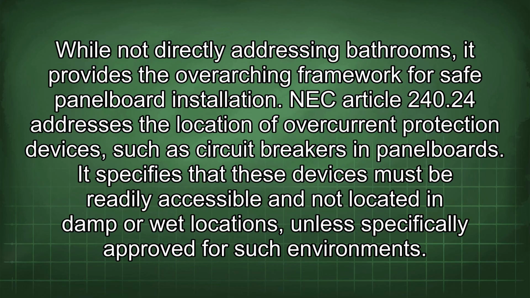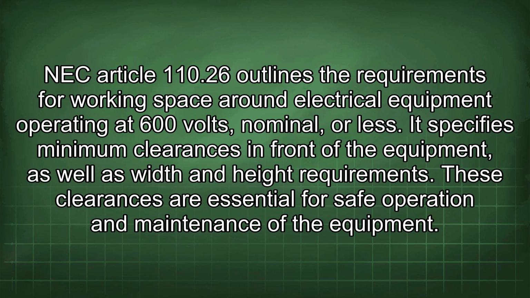NEC Article 240.24 addresses the location of overcurrent protection devices, such as circuit breakers in panel boards. It specifies that these devices must be readily accessible and not located in damp or wet locations, unless specifically approved for such environments. NEC Article 110.26 outlines the requirements for working space around electrical equipment operating at 600 volts, nominal or less.